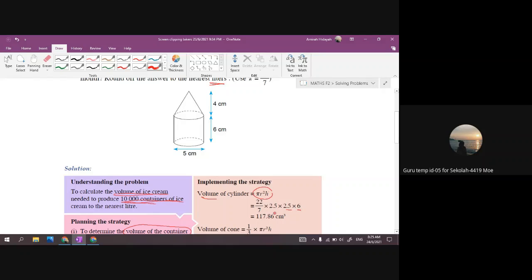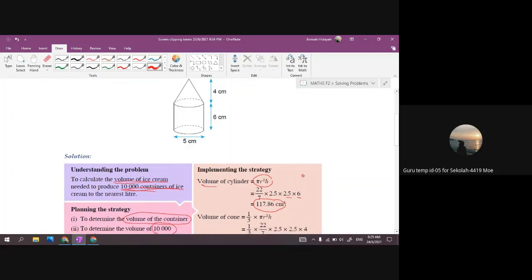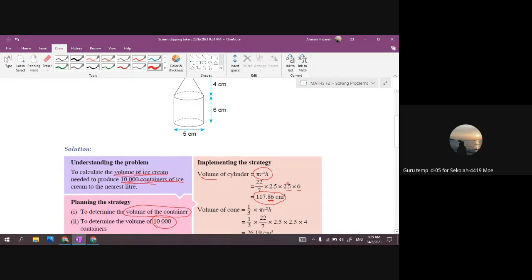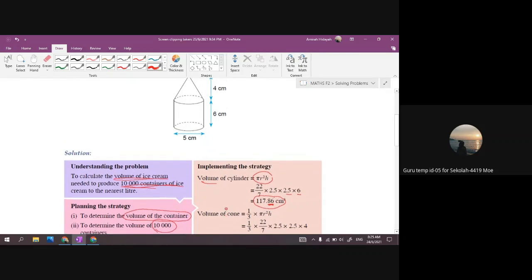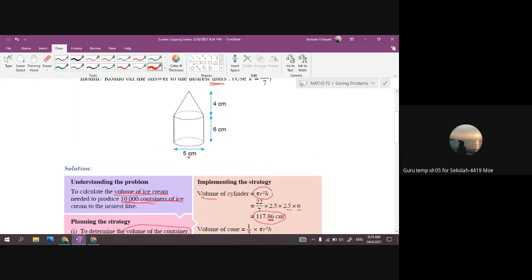You will get the volume of the cylinder as 117.86 centimeter cubic. Usually you will get the answer in decimals, so just ambil 2 decimal place je. And then the unit is centimeter cubic, do not forget. Cubic, not square.